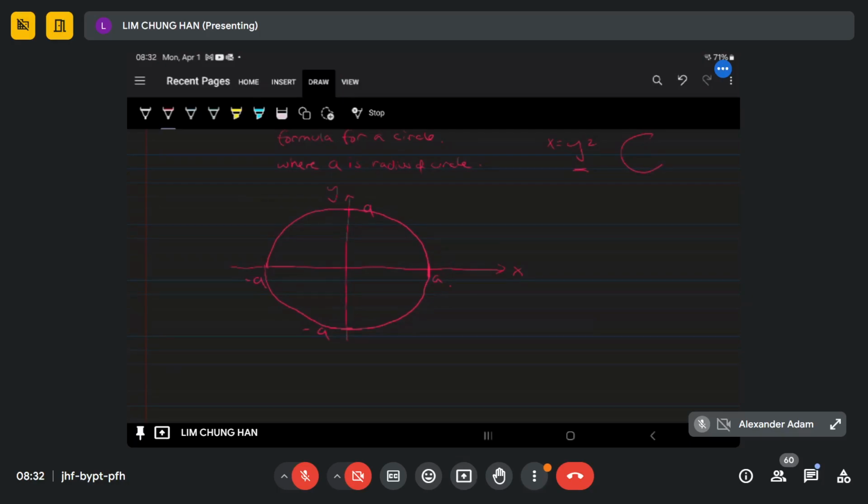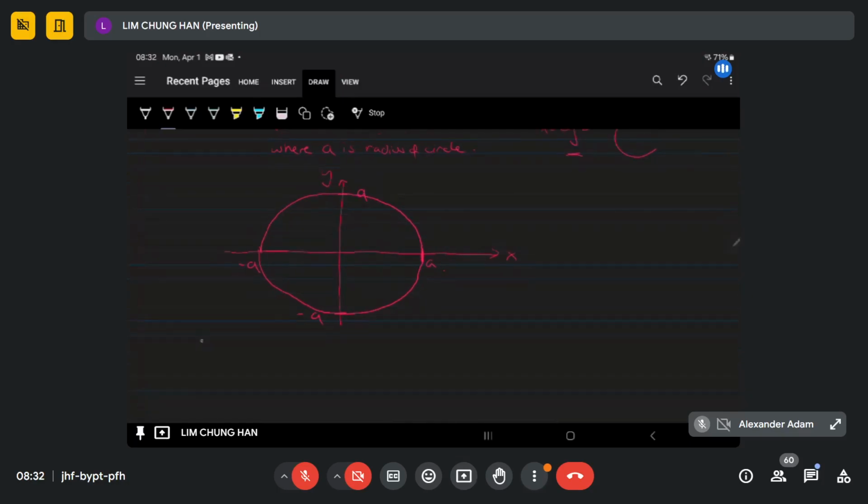For that, we need to use the interval. Just now, what did I say is the interval? Go back to the question. What's the interval? 0 and Pi. Yeah, good, correct.